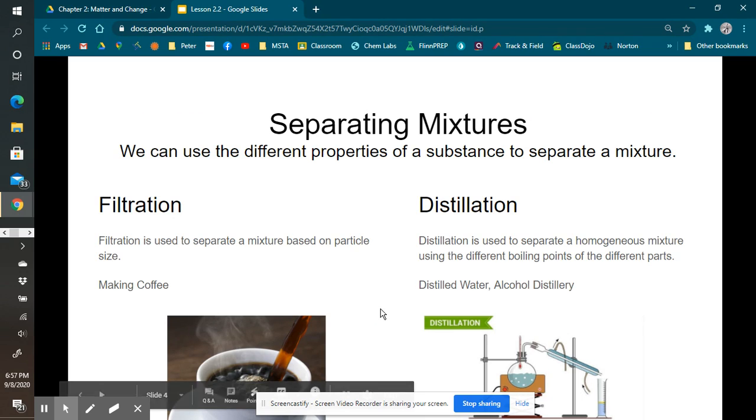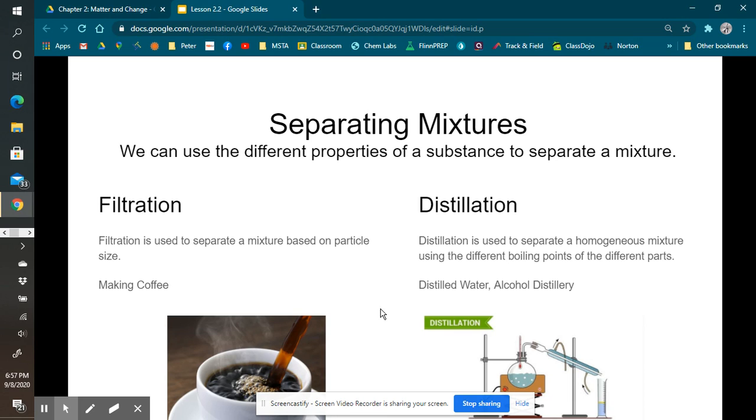But let's talk about separating mixtures, because we can use the different properties of a substance in order to be able to separate those mixtures. A lot of times the things mixed will have different properties that you can use to separate them. For example, if I were to mix fine iron filings with sand, all those particles are really, really small.